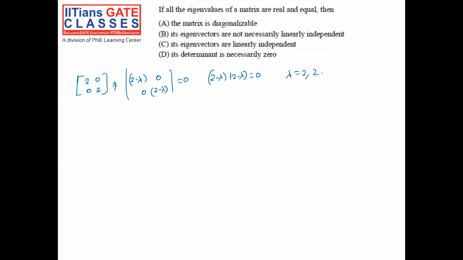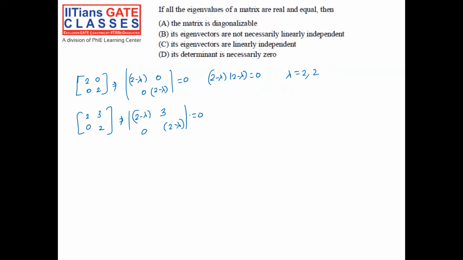But now if I take another example, maybe like this: 2, 3, 0, 2. In this case also, I will end up with the same eigenvalues. 2 minus lambda, 3, 0, 2 minus lambda.